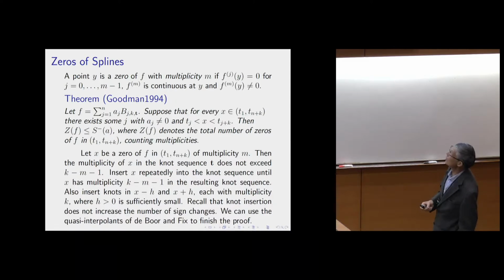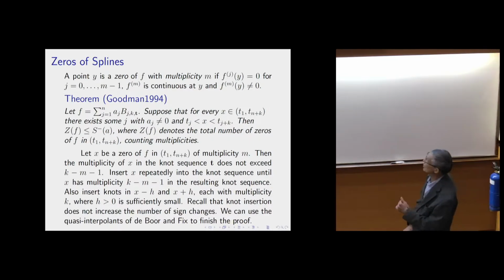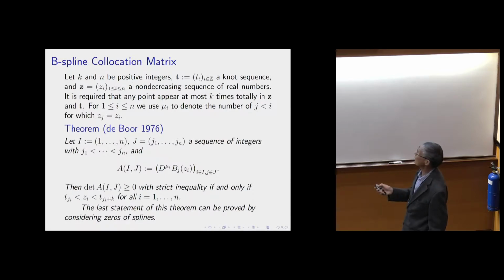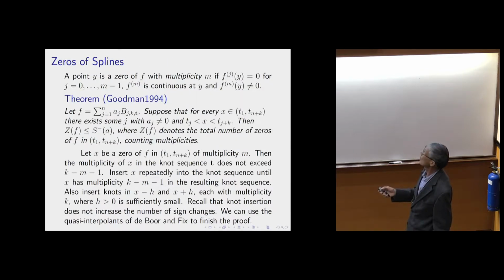So this is also related to zeros of splines. Because the theory of univariate splines was developed early, in particular the talk given by de Boor in 1976, but still about 20 years later we had this nice result of Goodman.